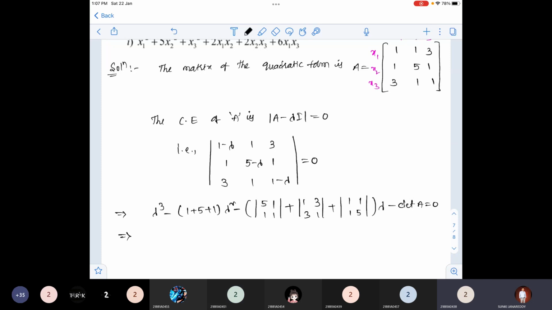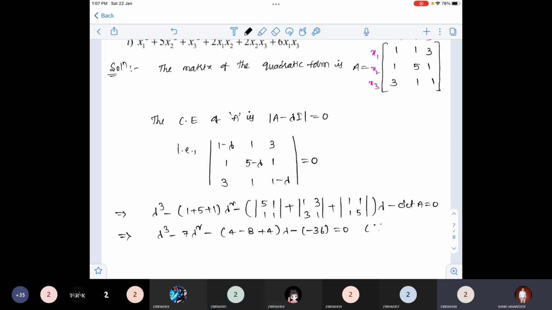That implies lambda cube minus 7 lambda square. Next, tell me, Nana, the determinant for this. The determinant is minus 36.